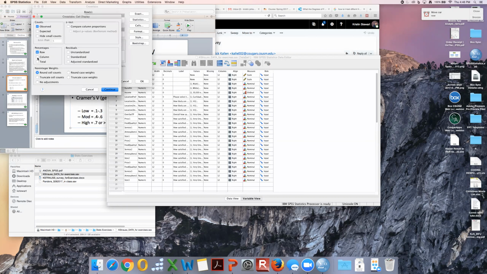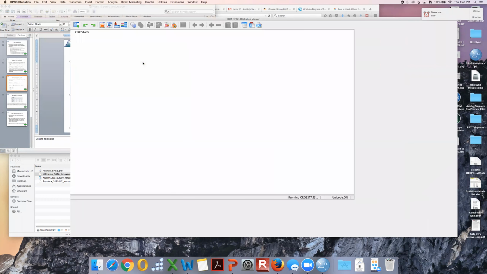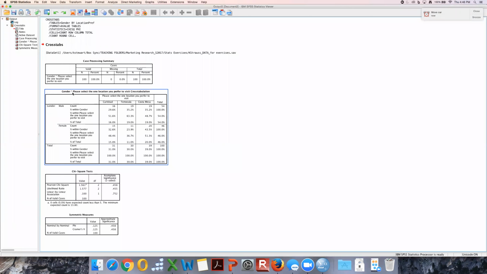I want all the percentages. Continue. Okay. The first table just tells me it ran for an N of 100. The second table is my cross tabulation. The third table is my chi-square test. The fourth table is my Cramer's V test.